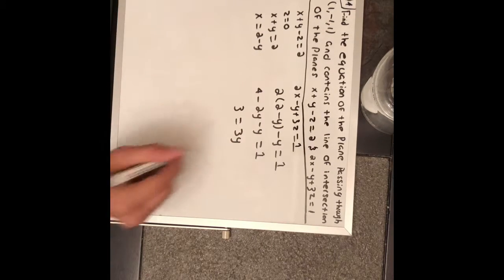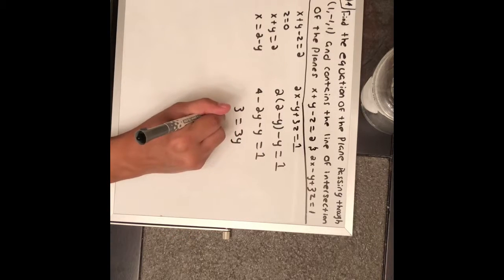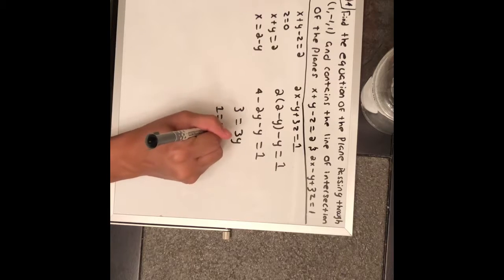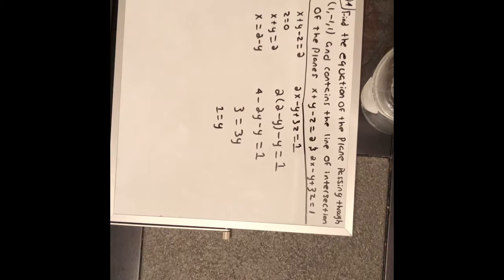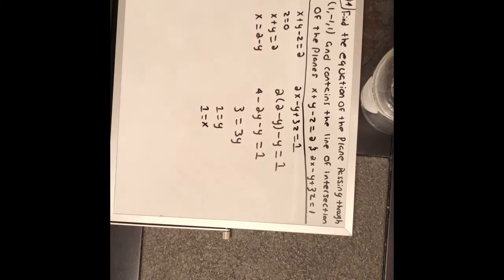Solving for y, we get y = 1. Plugging back in, we get x + 1 = 2, so x is also equal to 1 when z is 0. So this is a point of intersection.